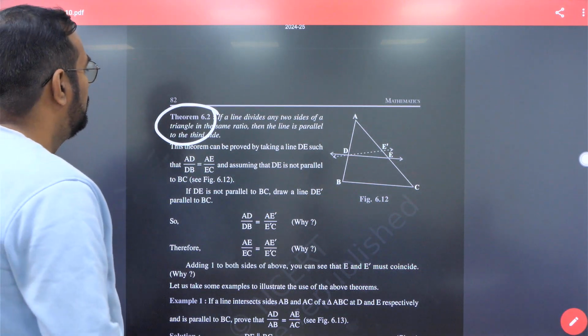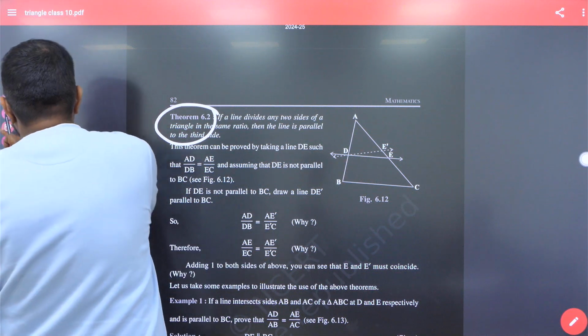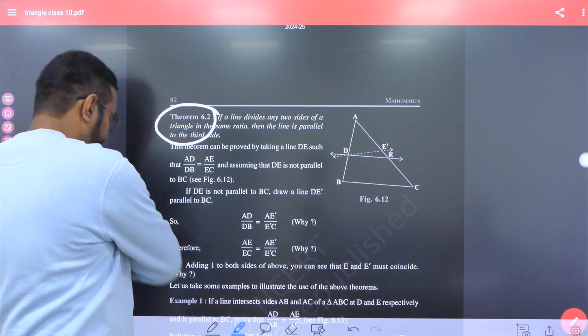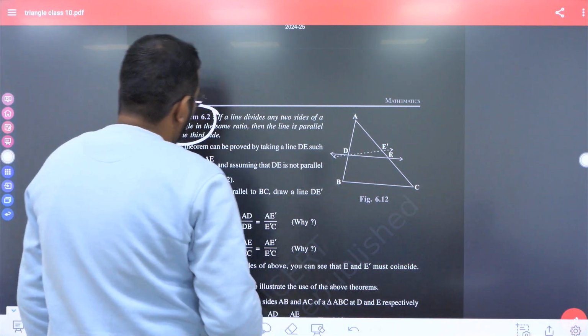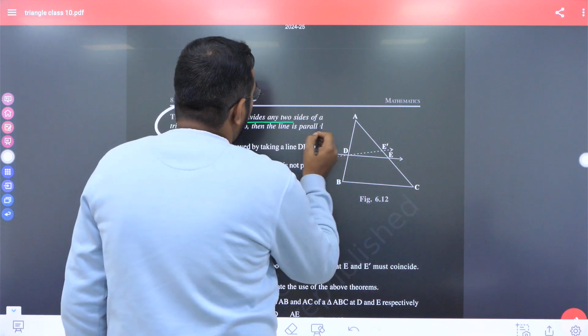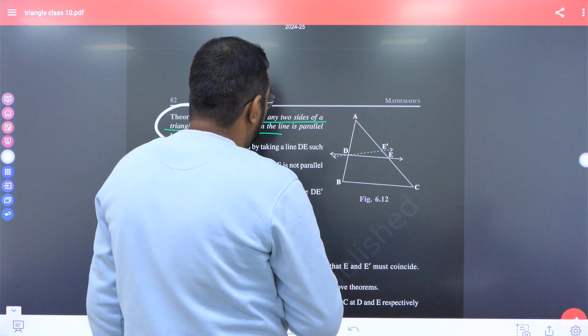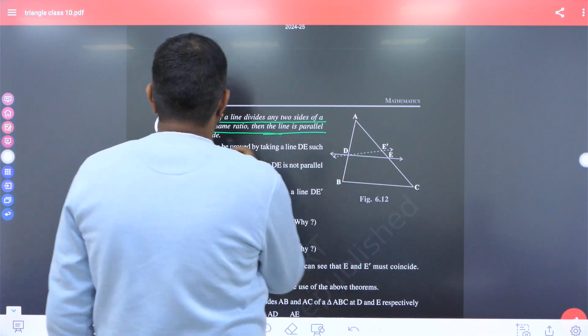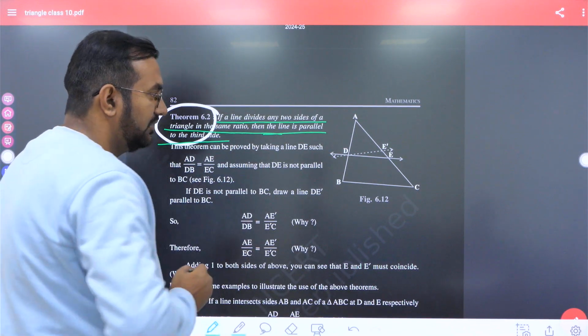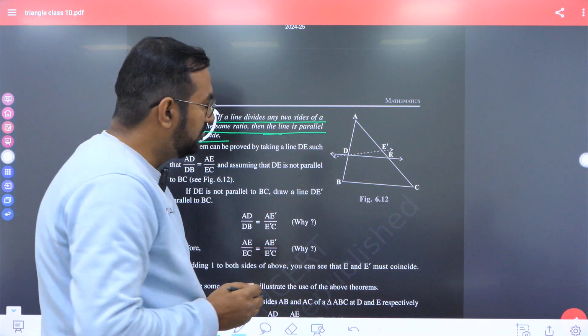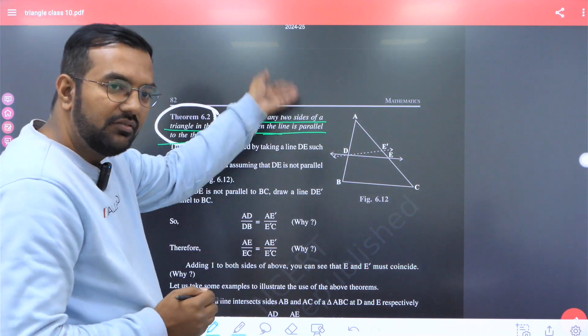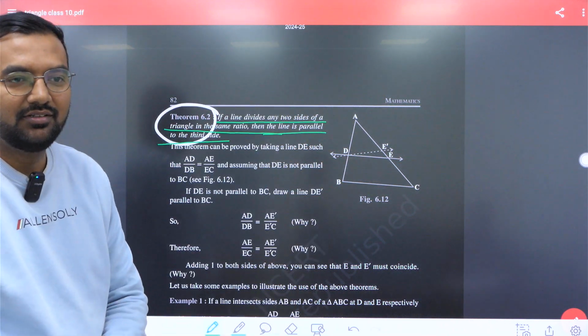Theorem 6.2 is: if a line divides any two sides of a triangle in the same ratio, then the line is parallel to the third side. You can also say this one is the converse of theorem 6.1.